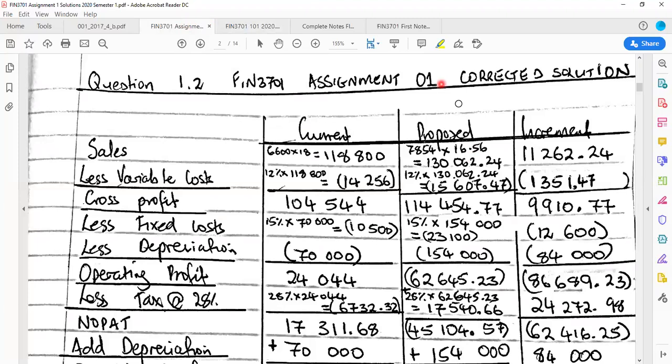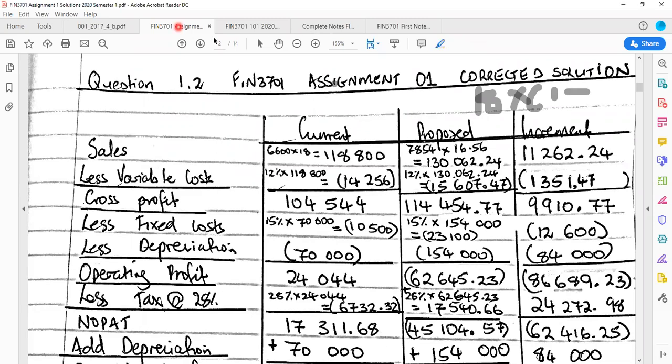So to get the 16.56, we said 18, which is the current selling price, multiplied by 1 minus... We were told it would go down by 8%.